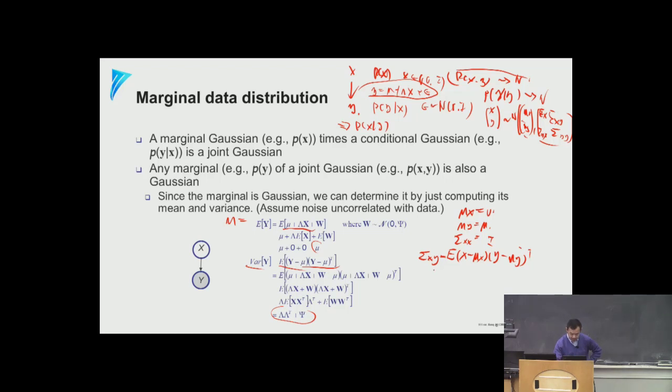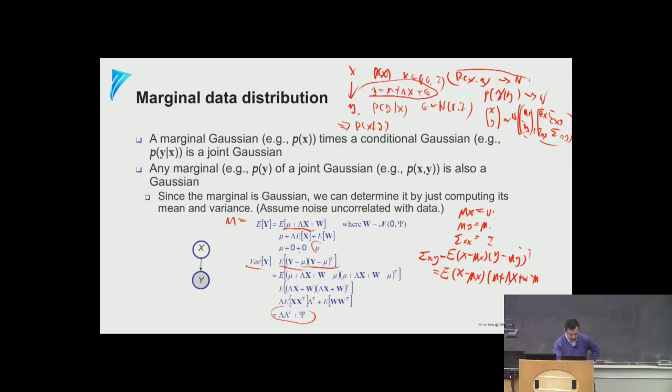Let's just expand it. So x minus mu x, and y equals mu plus lambda x plus a noise w, and then minus mu y.